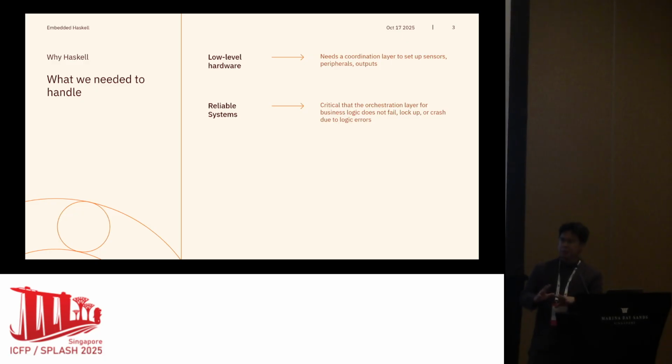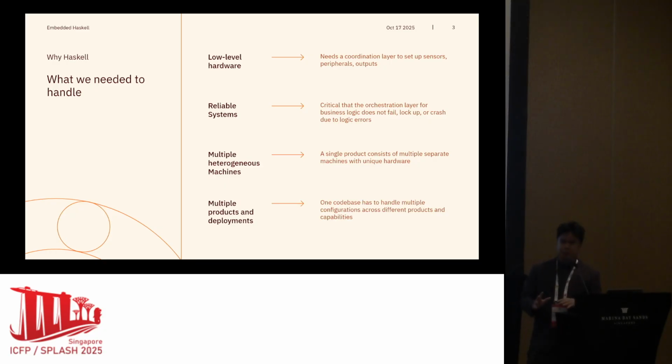We need the orchestration layer between those things to be very reliable, and we need to be able to encode business logic very well so that there are no logic errors or crashes. We need to deploy this across multiple heterogeneous machines with different capabilities, different hardware, even different architectures, like x86, Arch Linux. And we have multiple devices, multiple products that each deploy very differently.